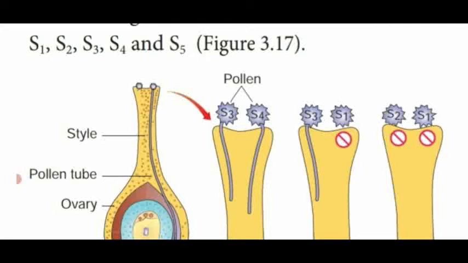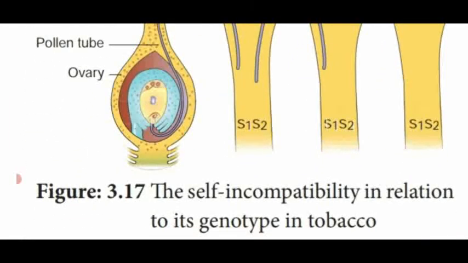With different alleles, the pollen has the capacity to germinate the pollen tube when it falls onto the stigma of the gynoecium. But if they have the same alleles, one of the alleles or both being the same, they are unable to germinate. That is the self-incompatibility in relation to its genotype in tobacco.